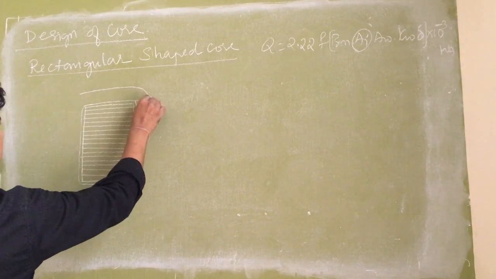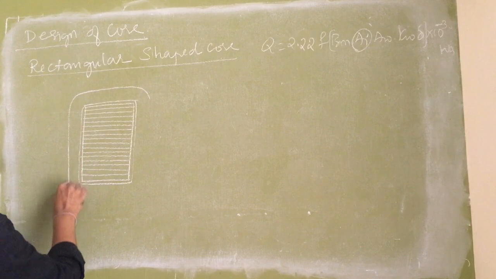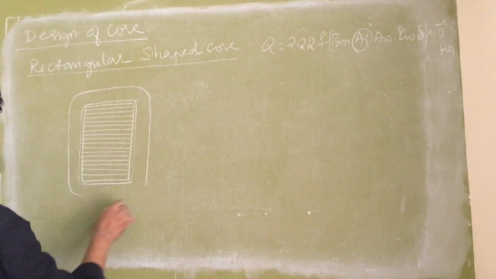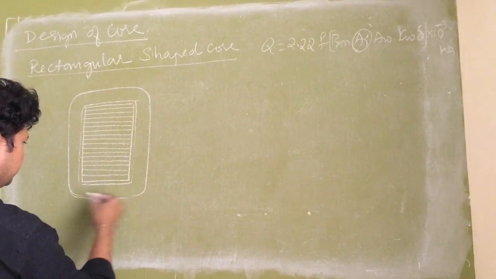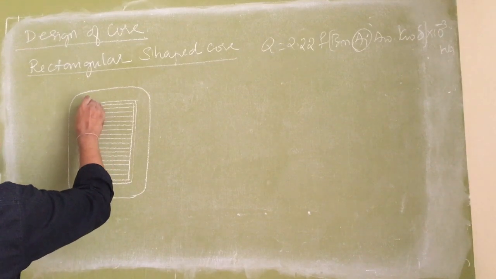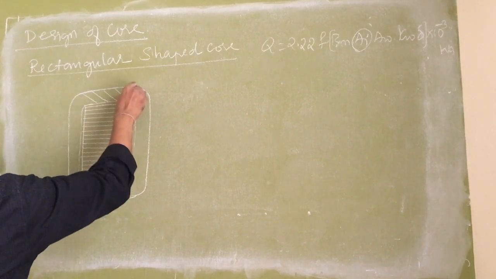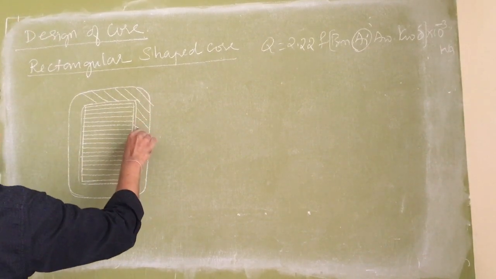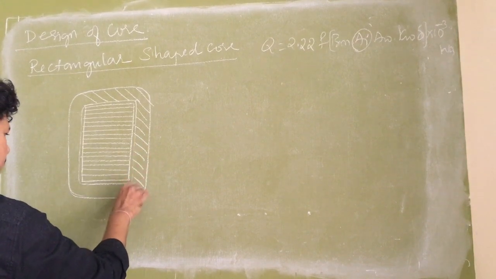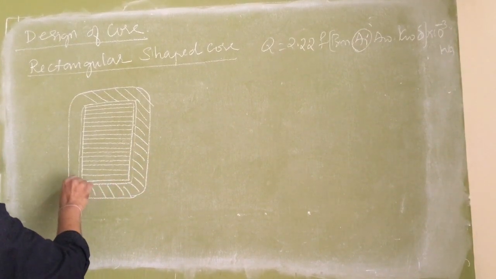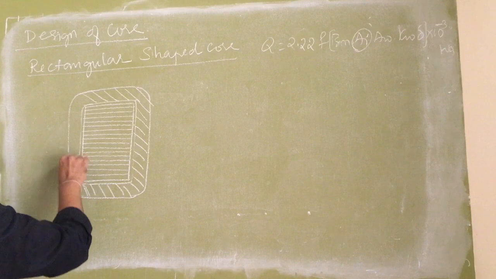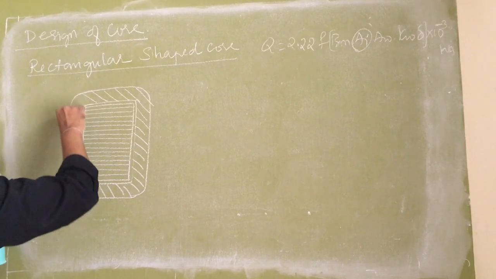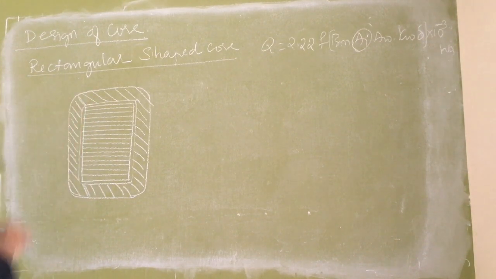So this is the thickness of the coil. When I wind the coil, it gives a certain thickness. The hatched path gives the thickness of the coil.